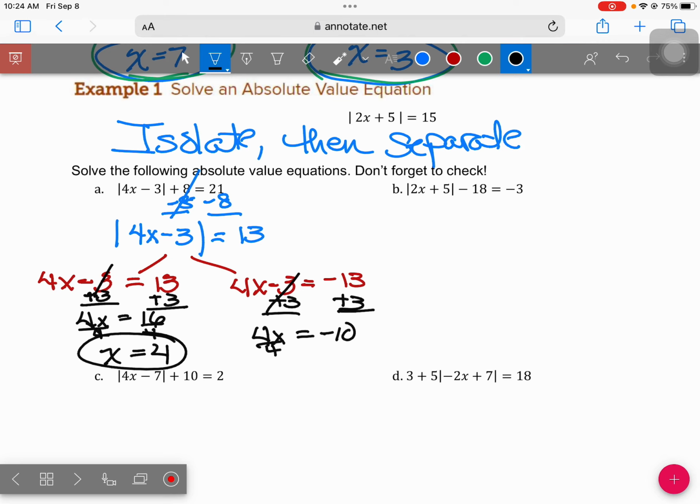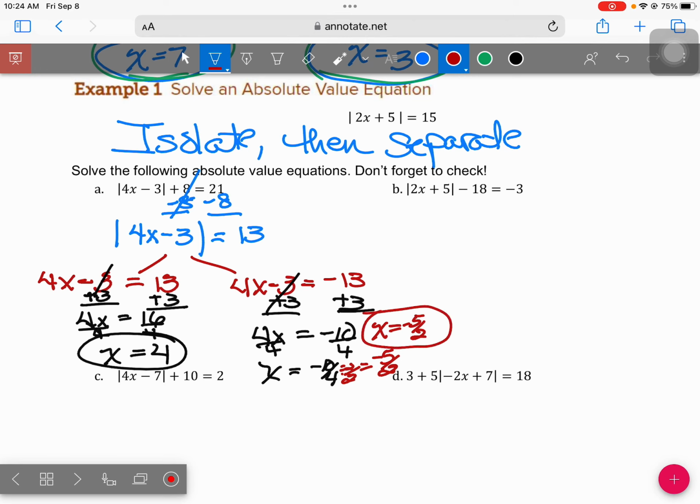Divide by 4, divide by 4. X is equal to negative 10 fourths. Can I simplify? Yes, I can. Divide by 2 over 2. And I get negative 5 halves. X equals negative 5 halves.